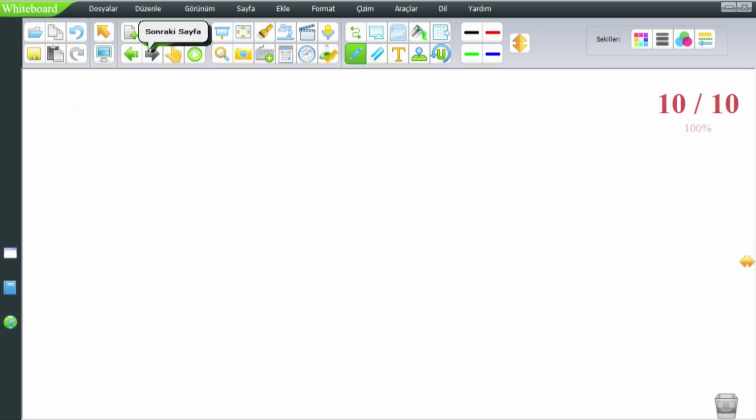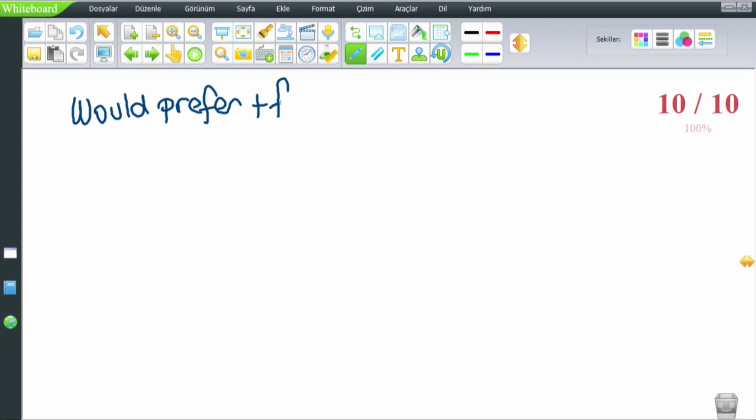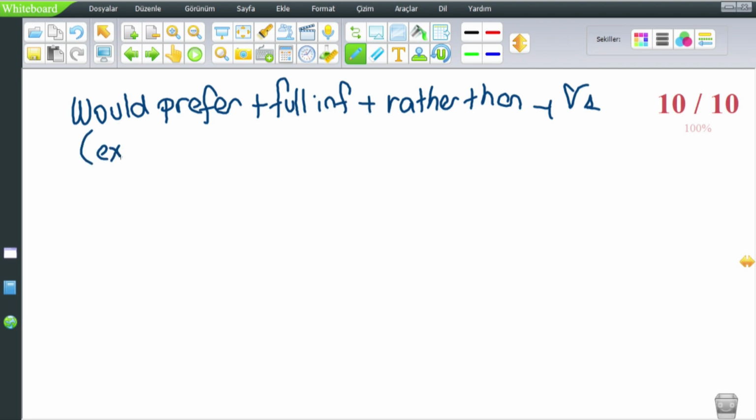Now let's jump into would prefer. We can use would prefer in a sentence before, again, the full infinitive, and after that, rather than, again verb 1. We use it to express particular preferences.